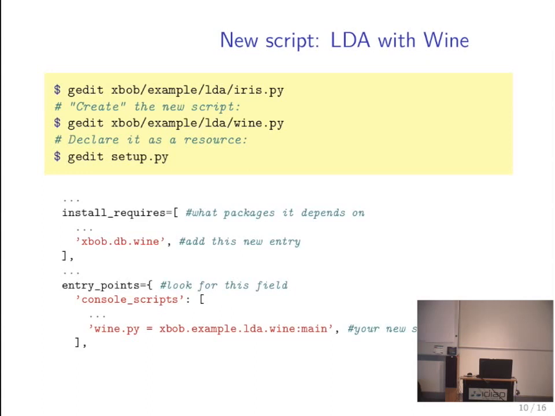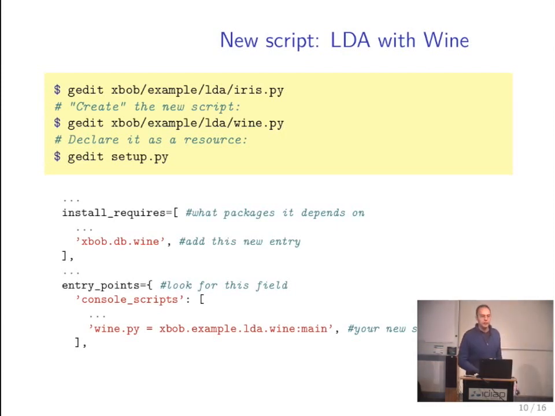Okay? So what we're just saying is that the wine script.py that will be placed in the bin directory is implemented by the submodule xbob example LDA wine, the function main. Remember, when you added the wine.py, there was a function main there. So that's what we are saying here. Okay?